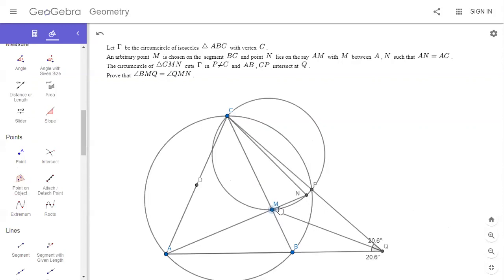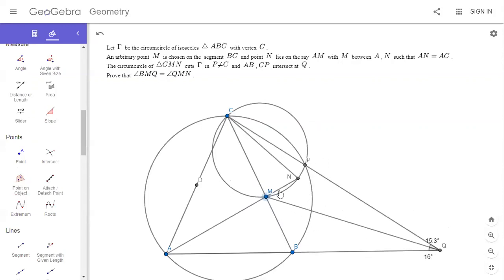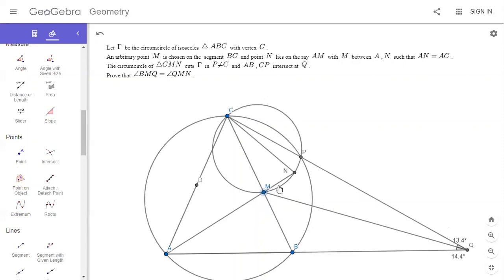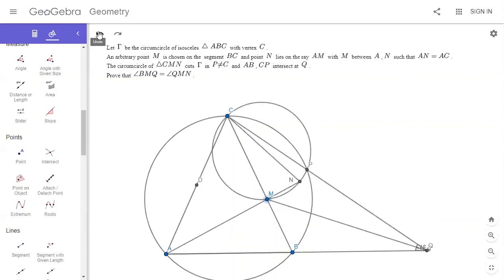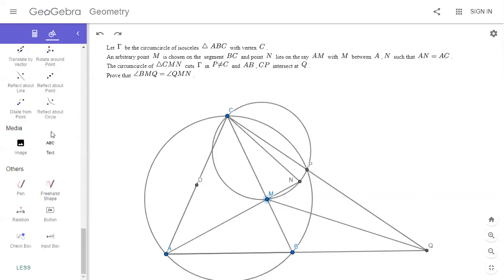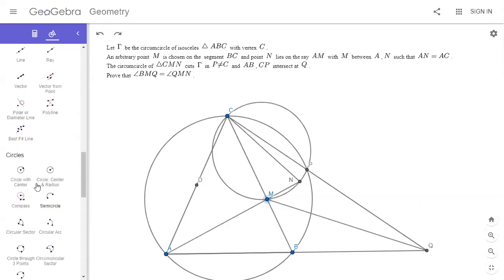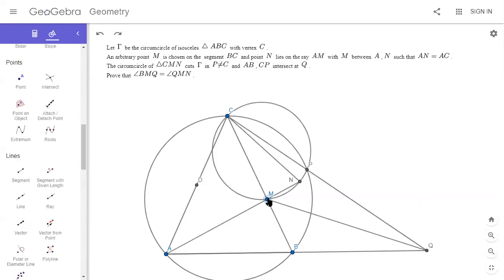I'm guessing that must just be the inaccuracy of GeoGebra. Wait a sec. Now they are looking more different. I'm not so sure if that's true, what Loom is saying. It might be. Maybe I just messed up somehow. Is it true that QM is like a symmedian line in triangle ACQ? You believe GeoGebra more. Yeah.